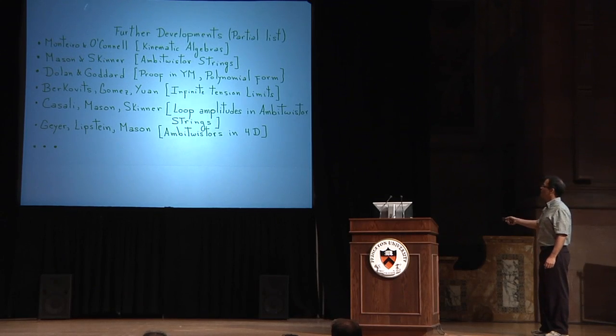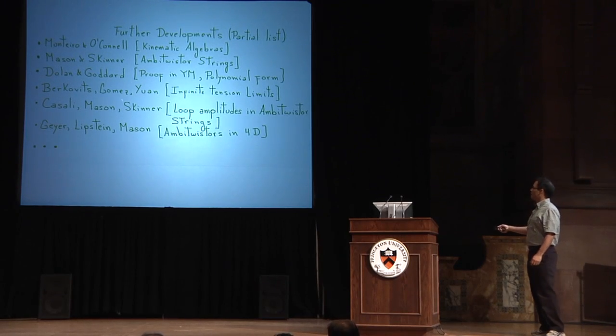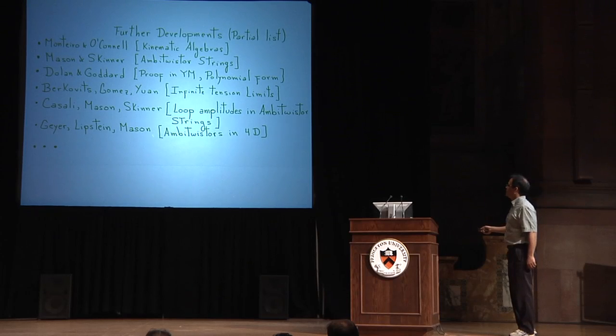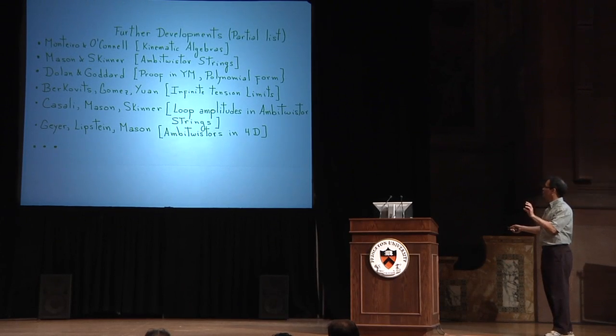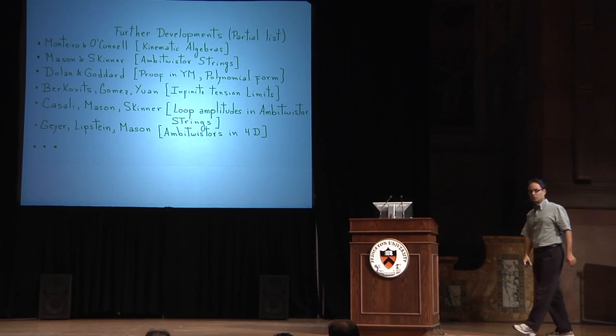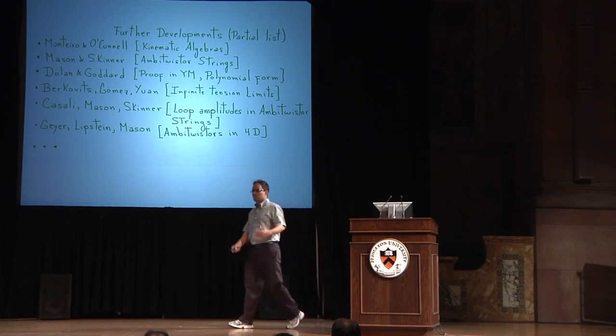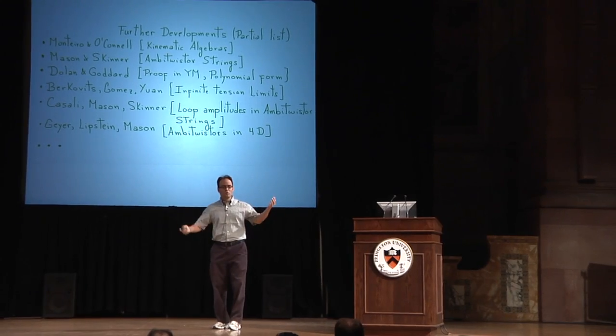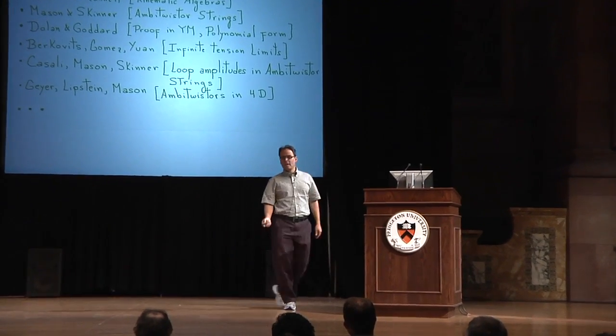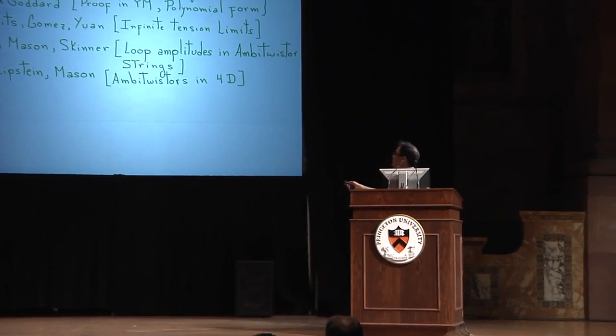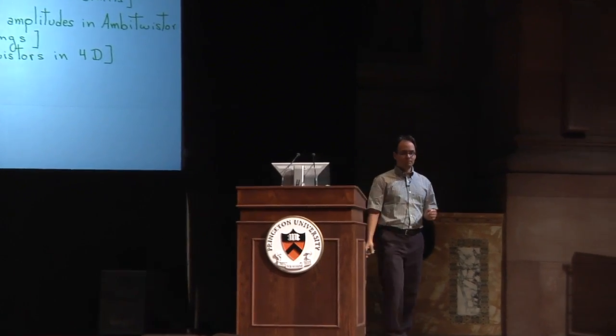Here is some of the work that has come out in the past few months. But let me stress this work on ambitwistor strings and loop amplitudes in ambitwistor strings, because it's a natural next question. If everything works at tree level for genus 0 Riemann surfaces, why don't you go to higher genus? Can you do it? Well, they constructed a very beautiful and elegant approach.